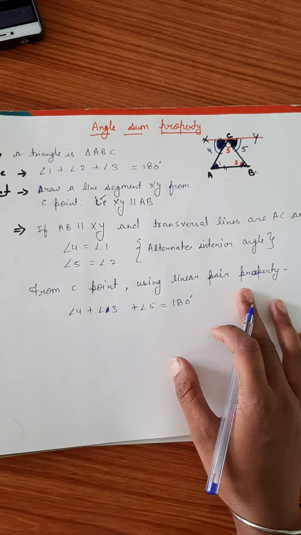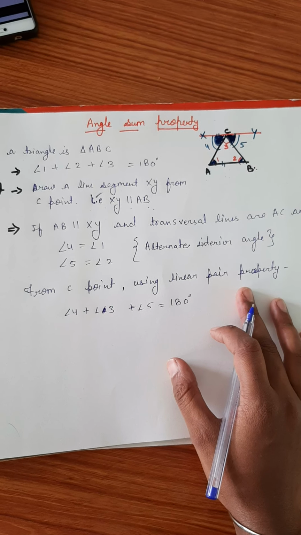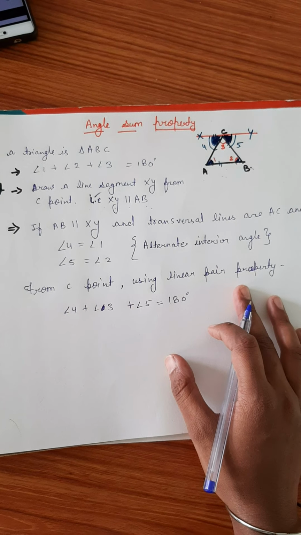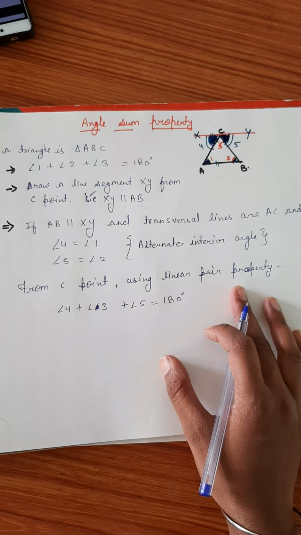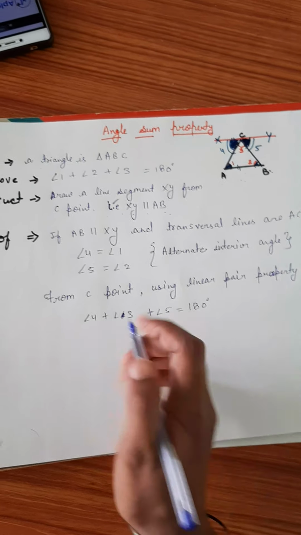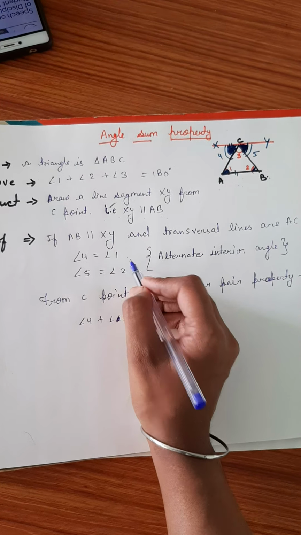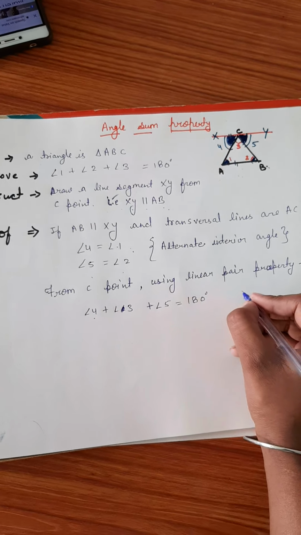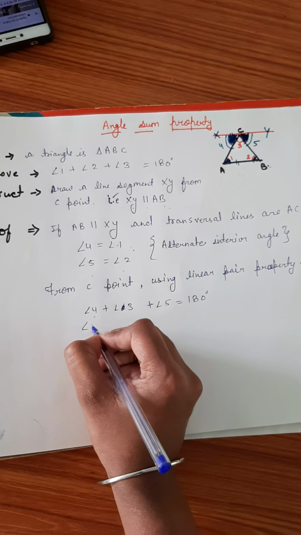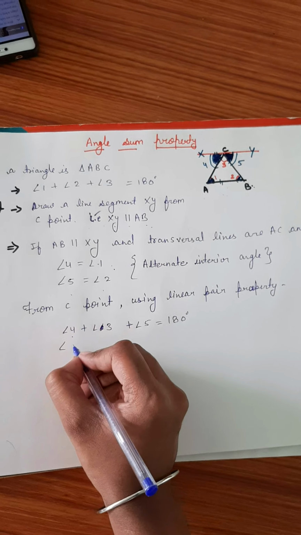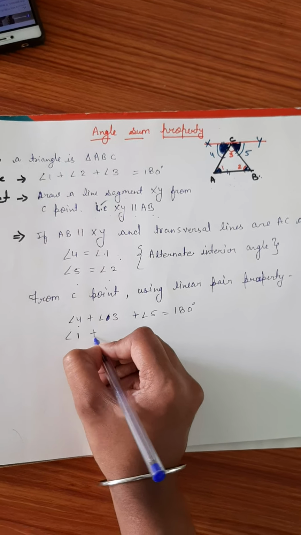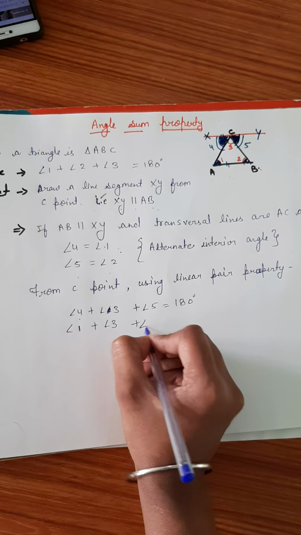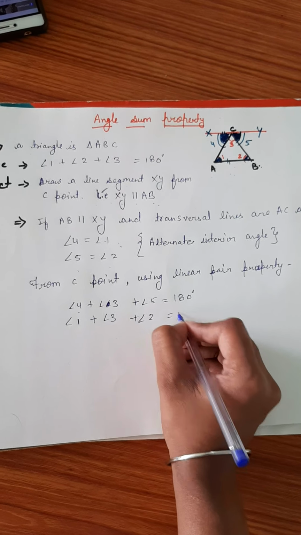According to the linear pair definition, on one line, if you can see more than one angle, then you can add them and they equal 180 degrees. Now, according to this statement, angle 4 equals angle 1 and angle 5 equals angle 2. So here I am writing 4 replaced with angle 1, 3 as it is, and angle 5 replaced with angle 2, equal to 180 degrees.